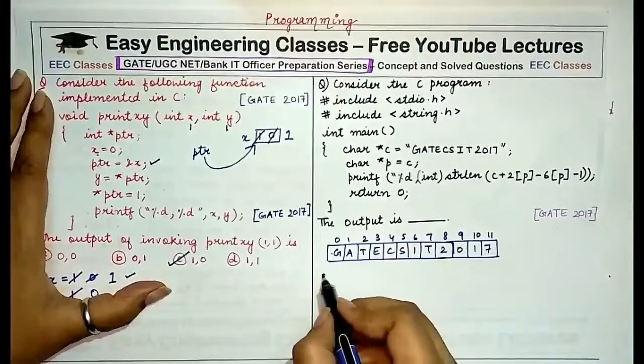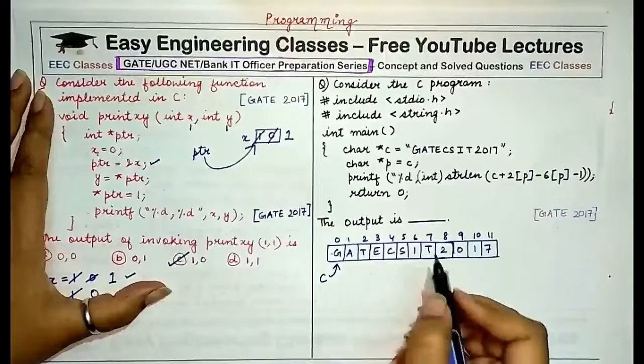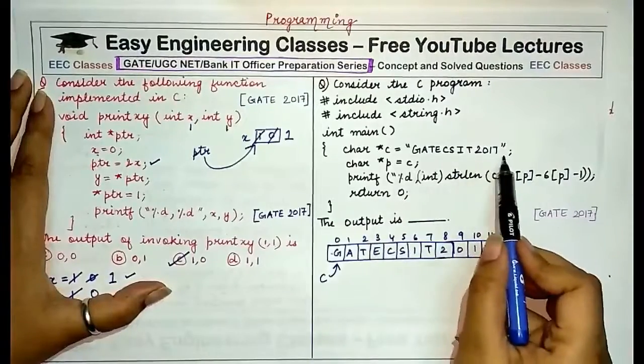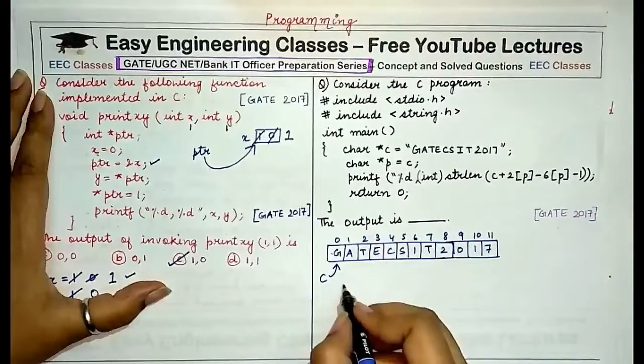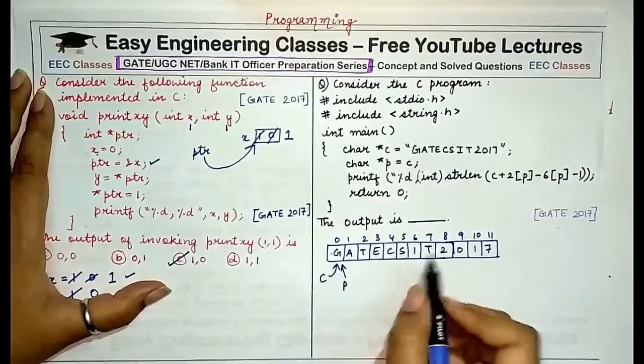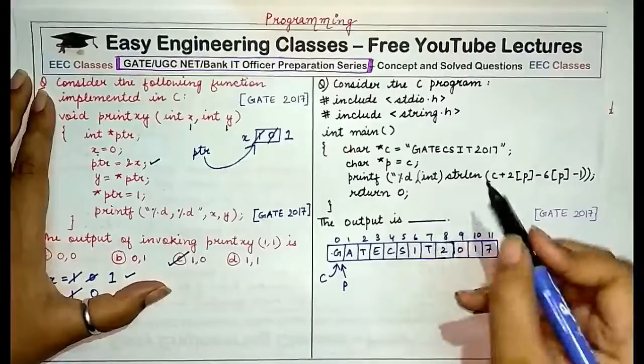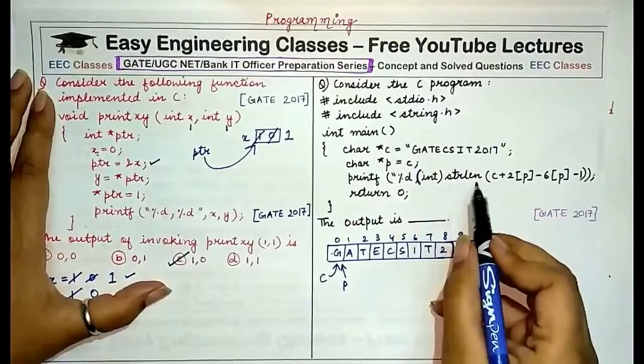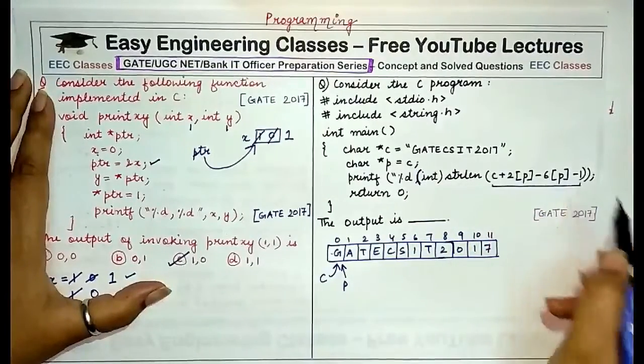Initially C is pointing to the starting location of this character array, and P is also pointing to this location, the starting address of this array. Now we have to print the string length of this expression.